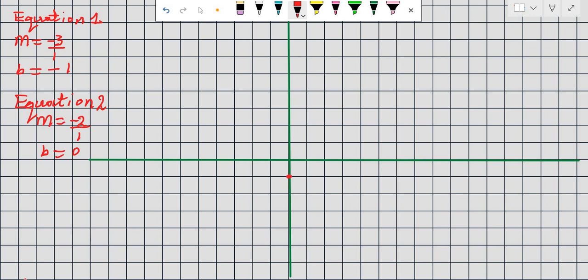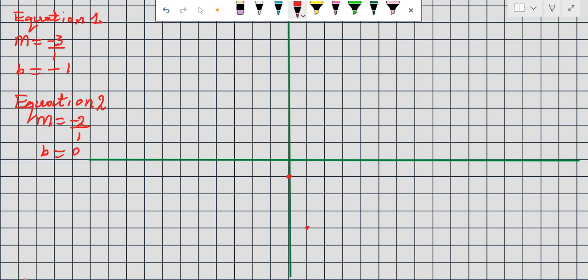So now let's go back to the slope. The slope is -3 over 1. It means that we can count 3 steps down along the y-axis and then 1 step to the right. So from the y-intercept, which is -1, count 3 steps downward and then 1 step to your right. So 1, 2, 3, and then 1 step to my right.